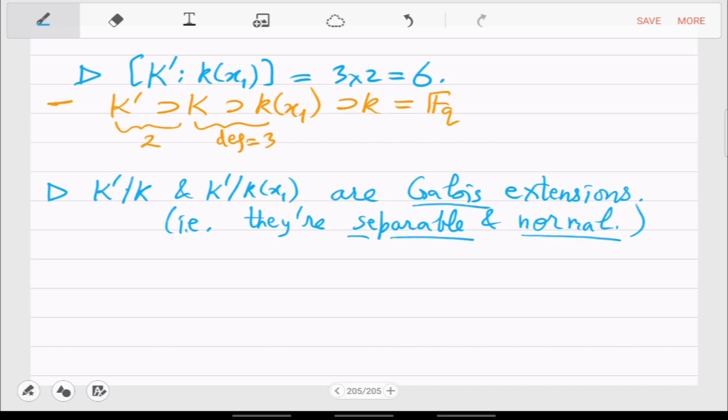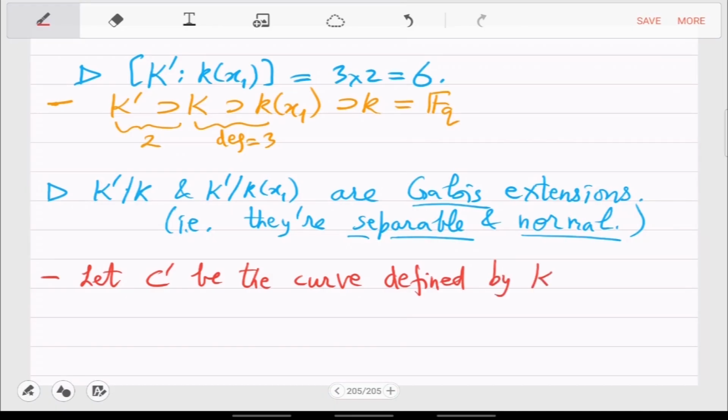So coming back to the curve, we have now a new curve, the curve defined by K prime, as it's a transcendence degree 1 field over small k.